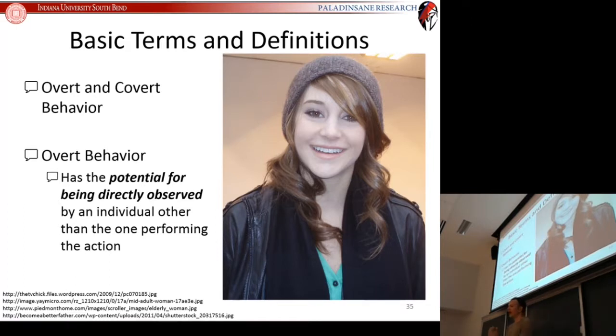So even though you're hiding it, even though according to regular English you're being covert, right? You're doing your covert singing operation. For the psychology of learning, it's an overt behavior. Because even if it's not observed by others, it has the potential to be observed by others.